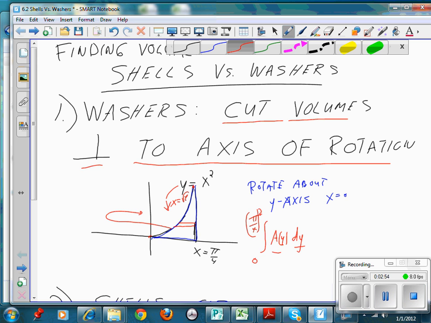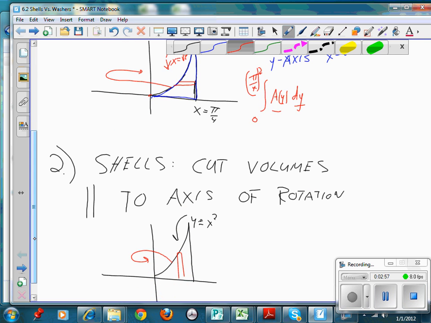Look at what happens if I use shells, though. With the shell game, shells are parallel to the axis of rotation. This is pi over 4, I think, on the x-axis. That's the x value, pi over 4. In this case, the shell game's pretty simple. I didn't have to make the thing a function of x. I could just write this down: 0 to pi over 4. I didn't have to find what the y value was.